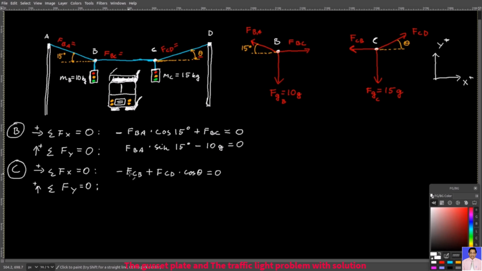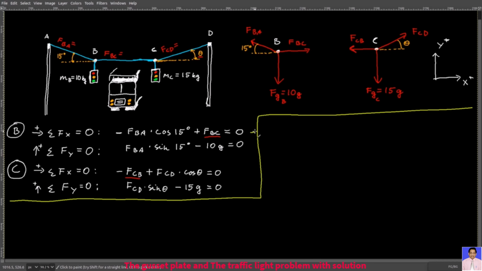This is the equation in the x direction, and this is in the y direction. And so now you have 4 equations and 4 unknowns. You know that FBC equals FCB. The only difference between them is that they are in the opposite direction to each other.